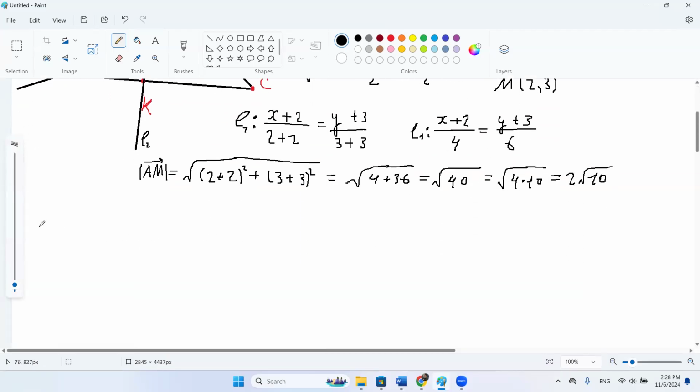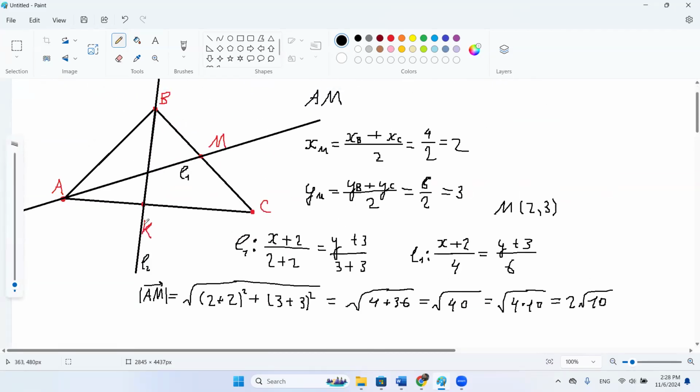Okay, moving next. So now we need to find the equation of L2. Yeah, any questions? Sorry, why is it 4? I think it should be like 2 plus 2 is 4, and 4 squared is 16. Thank you. Yeah, that's a nice catch.